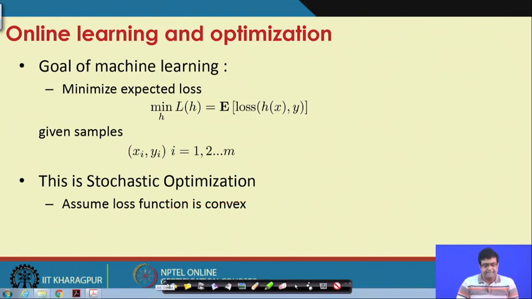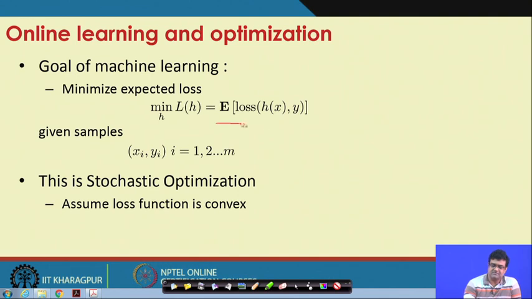Now, finally, we have discussed all these algorithms which can optimize various kinds of objective functions. One kind of objective function which we encounter a lot in machine learning is the loss minimization function.